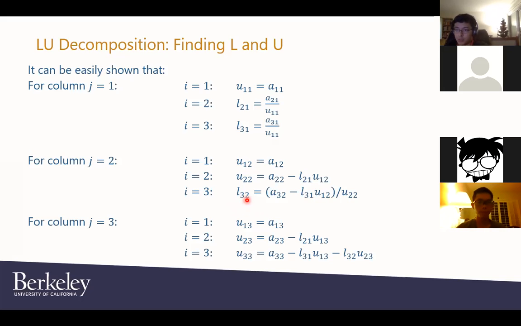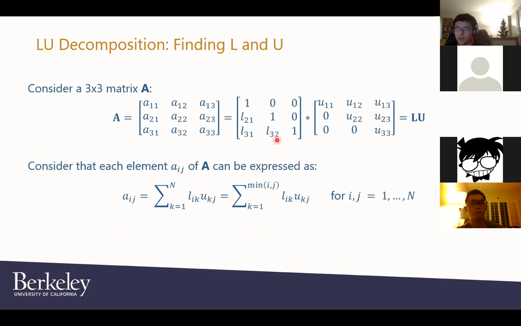Just exactly as we've done in MATLAB so far in programming. And same idea for row 3. In this case, we don't have any elements in L that we care for. We only have the last element of the diagonal, which we already know is 1, and we have all the elements in U.